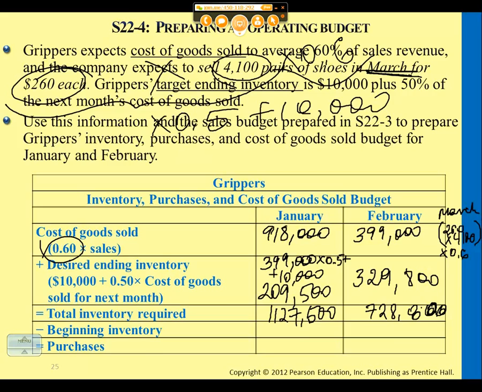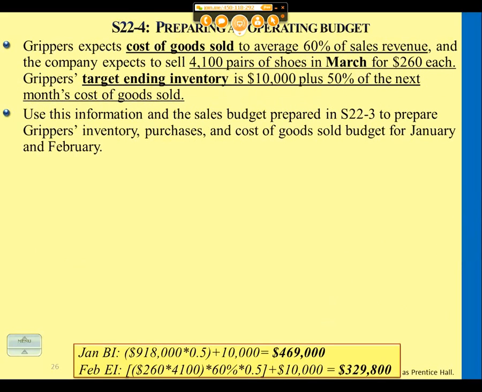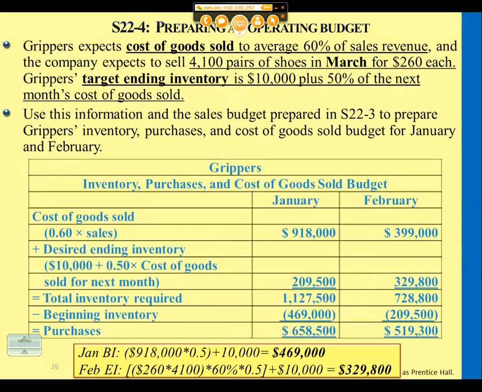I'm going to help you here. To find my January beginning inventory, I'm going to do the reverse. I take my cost of goods sold, multiply it by that 50% of the next month, by that 0.5, and add the 10,000.